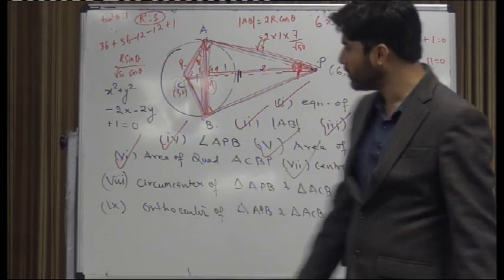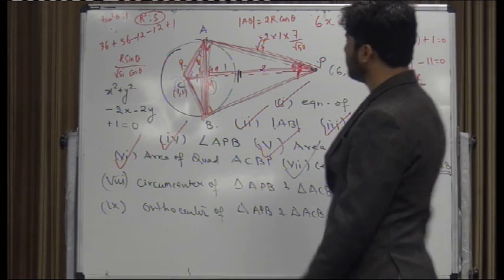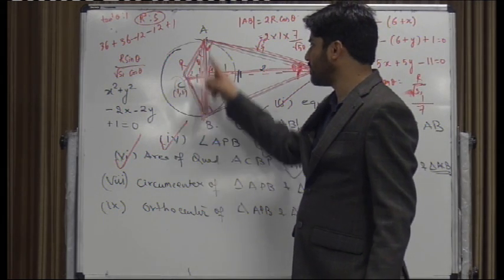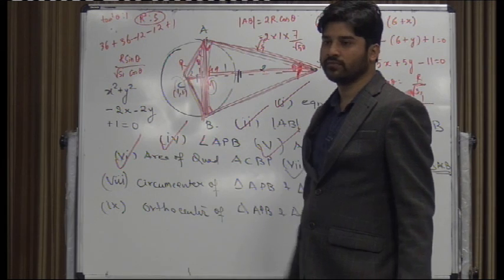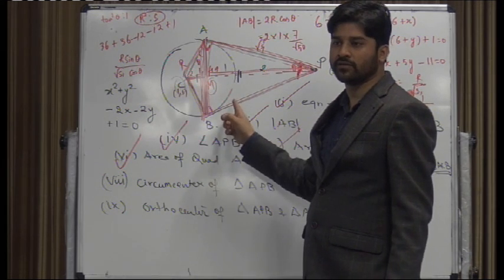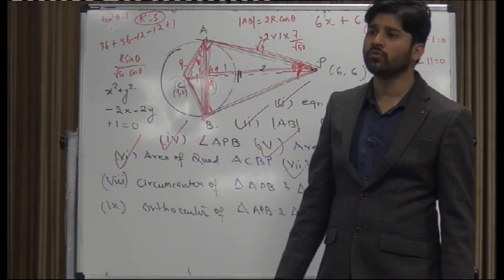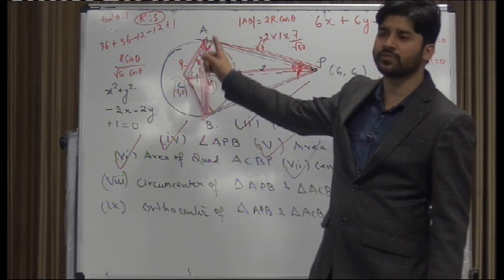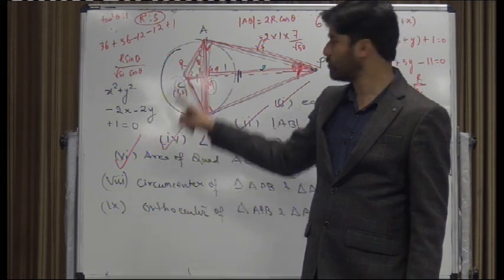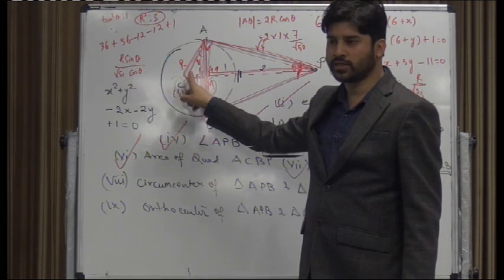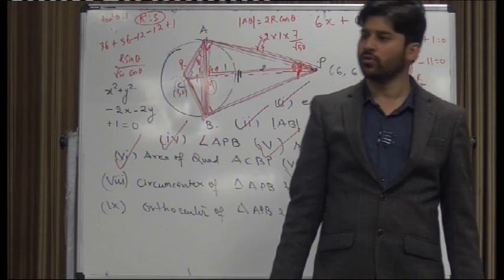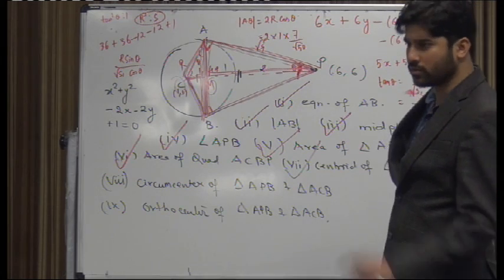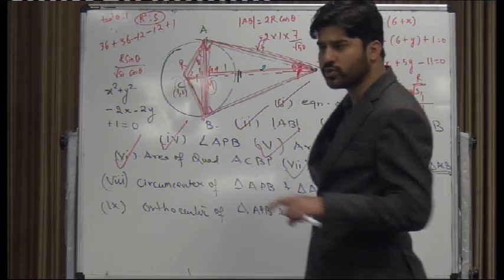Now, which circle is circumscribing this smaller triangle? Is the given circle circumscribing it? How can you say that it is being circumscribed by this circle? Do you see C here? Do you see the center on the curve? No. The circle must pass through these 3 points.